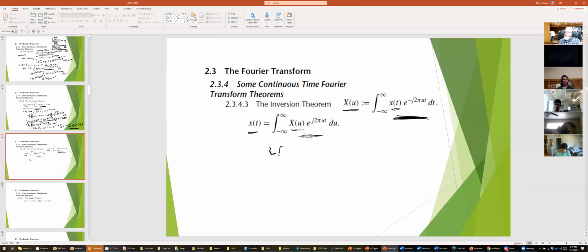So we will save this proof for later, because we don't have the tools to prove it yet. But the beautiful thing I would re-emphasize is that by using u, which is cycles per second, there's no 1/2 pi's in the inversion. And that's always nice, because you'd like to minimize the bookkeeping, and this certainly does that.